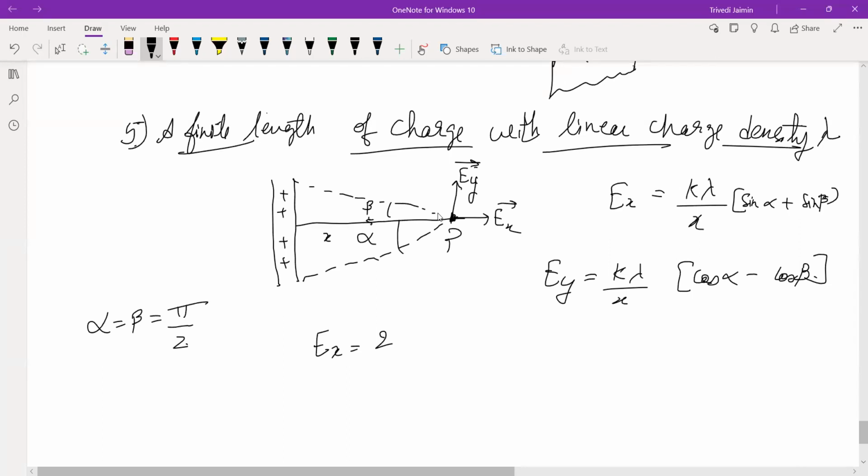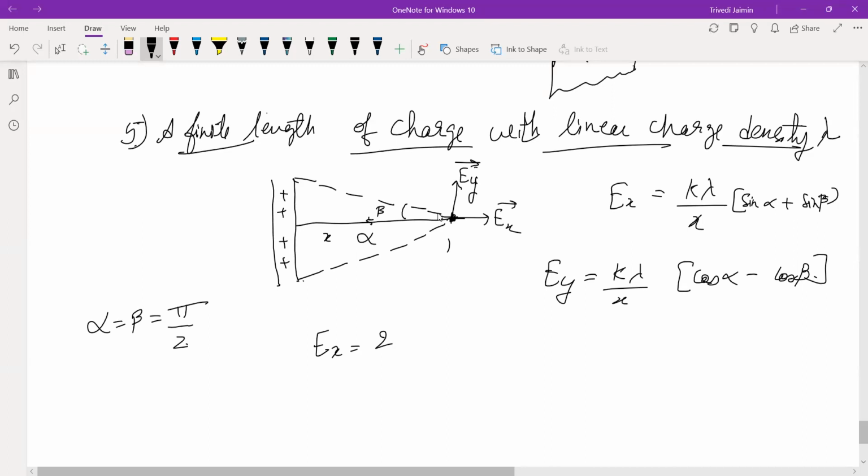This one should be cos and sine in the y-axis. Actually, you're right.